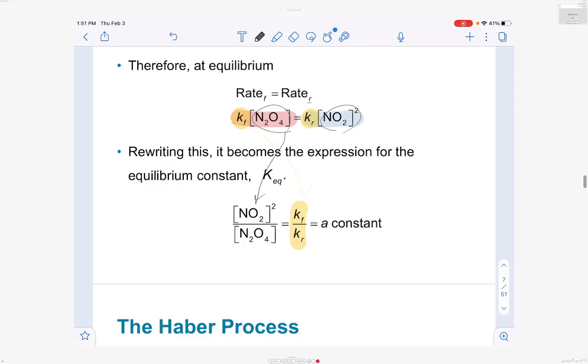If we divide the rate constant of the forward reaction by the rate constant of the reverse reaction, we will get a constant. And this constant is capital letter K equilibrium, K EQ, the equilibrium rate constant.